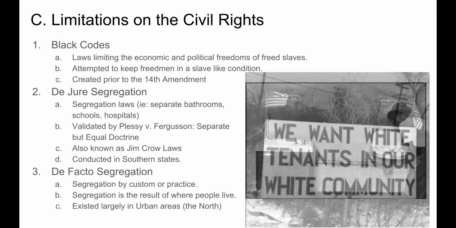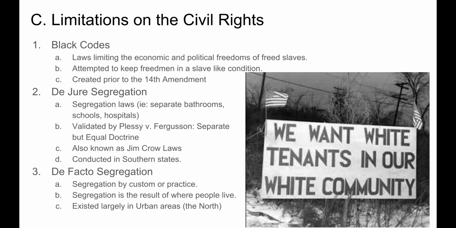This can be done as a result of discriminating practices of refusing to sell homes to non-white families to keep a community white, but it wasn't lawful segregation. It wasn't in the law. It wasn't in the legal code. It was segregation based off of how people deal with one another.